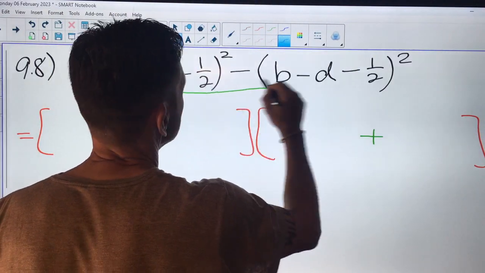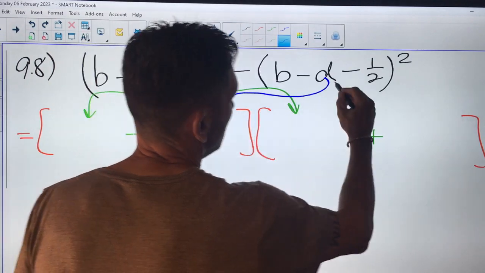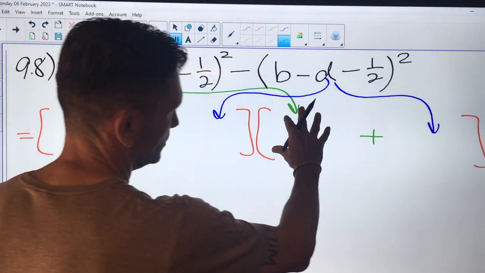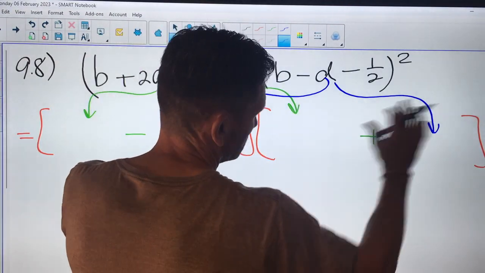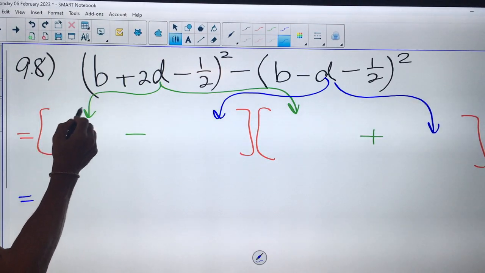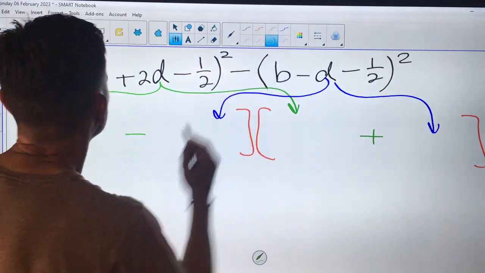This bracket is going to go here and there. So it's the first one, square root, second one, square root. First one, square root, second one, second one. So now it's going to look like this. I'm going to fill this in here. Let me go with the green first.